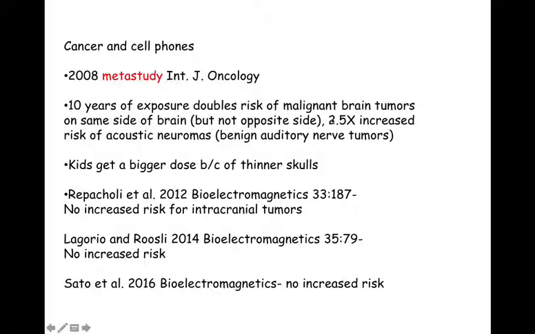And 2.5 times increased risk of acoustic neuromas, which are benign auditory nerve tumors. So that seems pretty strong evidence, but remember, double the risk could mean 1 in a million to now 2 in a million.